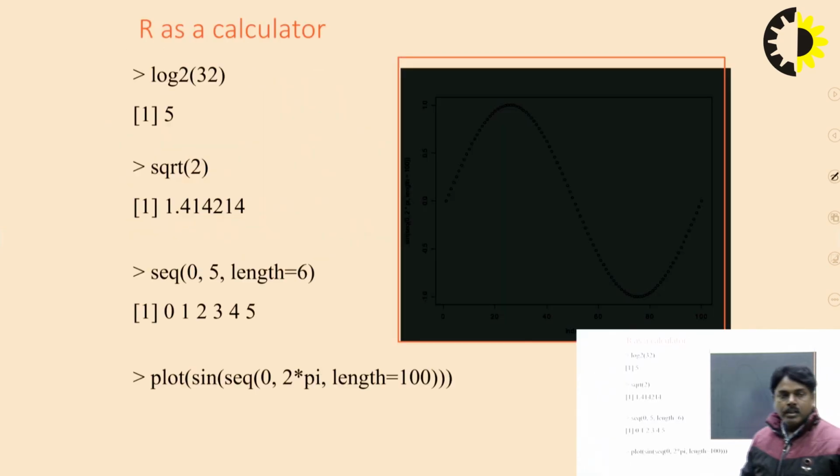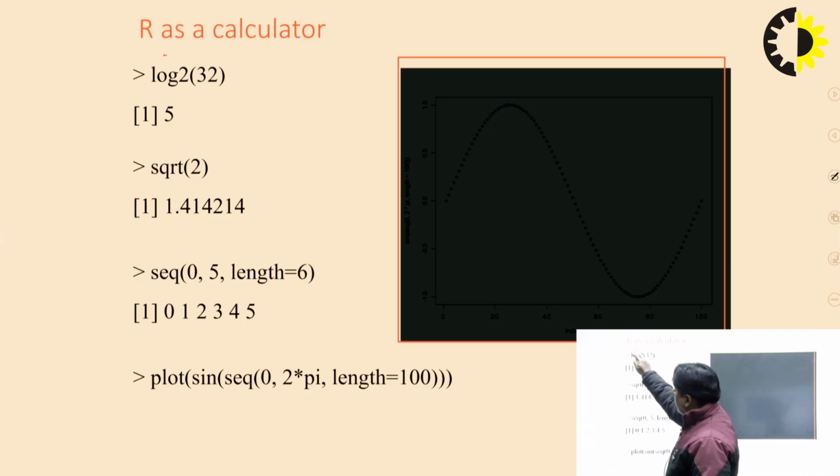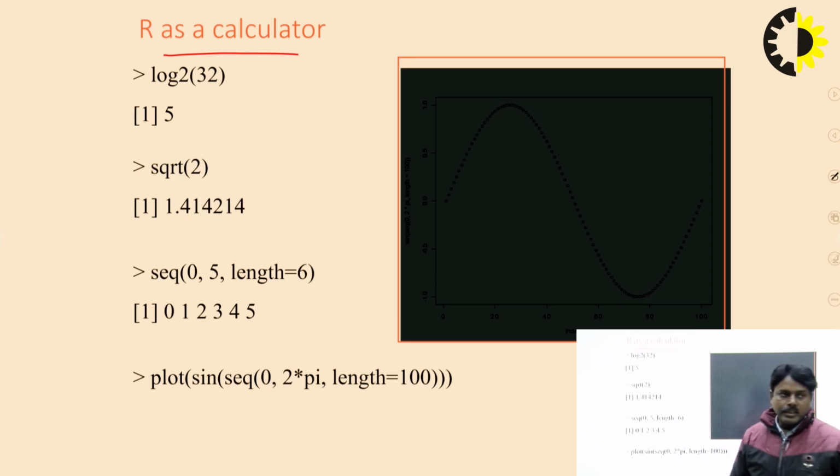Now we will work upon some code, that is command based programming, where we will be seeing how R works. As it is represented here, R is a calculator. That means R programming can very efficiently and effectively work upon different mathematical calculations.